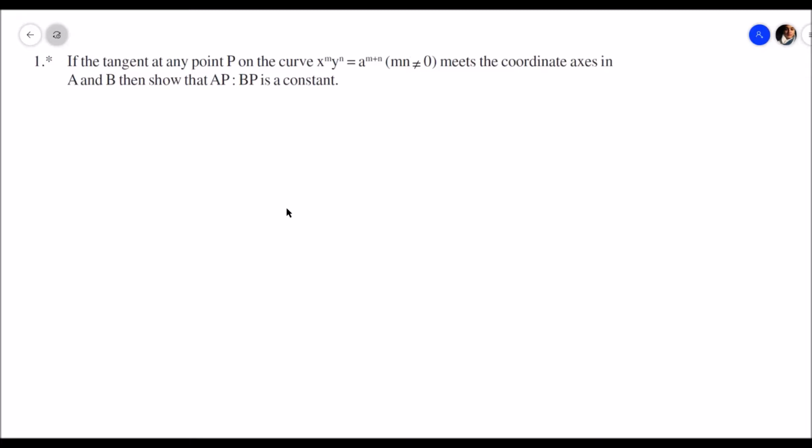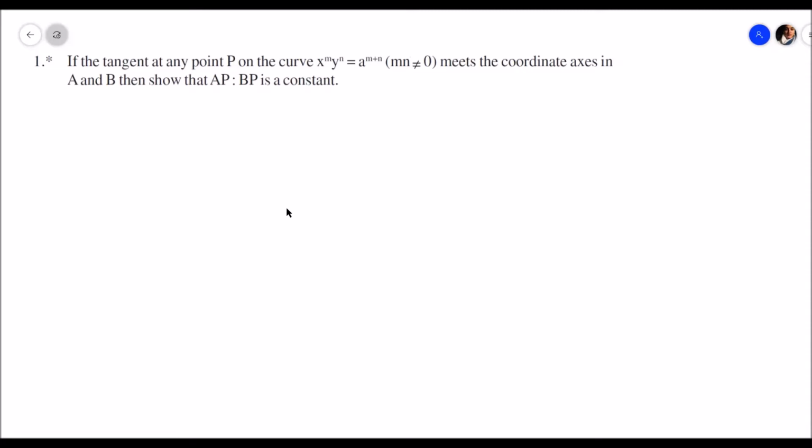So the tangent at any point P on the curve. So there's a curve that's given, and that tangent meets the coordinate axis in A and B. Okay. So there's a tangent. Tangent is nothing but a line. So I want you to imagine a line that's meeting the coordinate axis, because tangent is nothing but a line. Incidentally, according to this problem, the line is also nothing but the tangent, right?